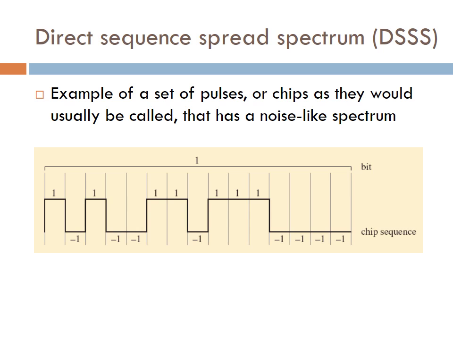How the chips are transmitted depends on the modulation methods used. For instance, if FSK were used, all the ones in the code would be represented by one carrier frequency and all minus ones by a different carrier frequency.